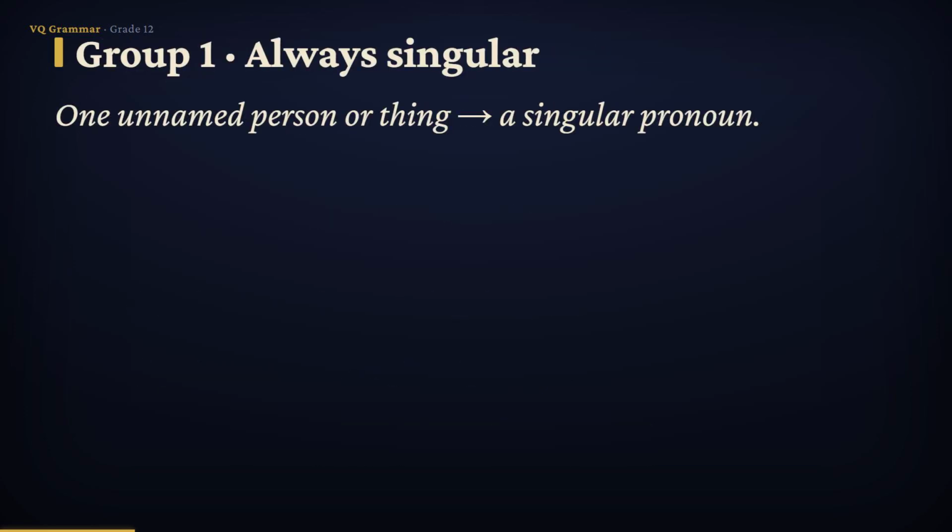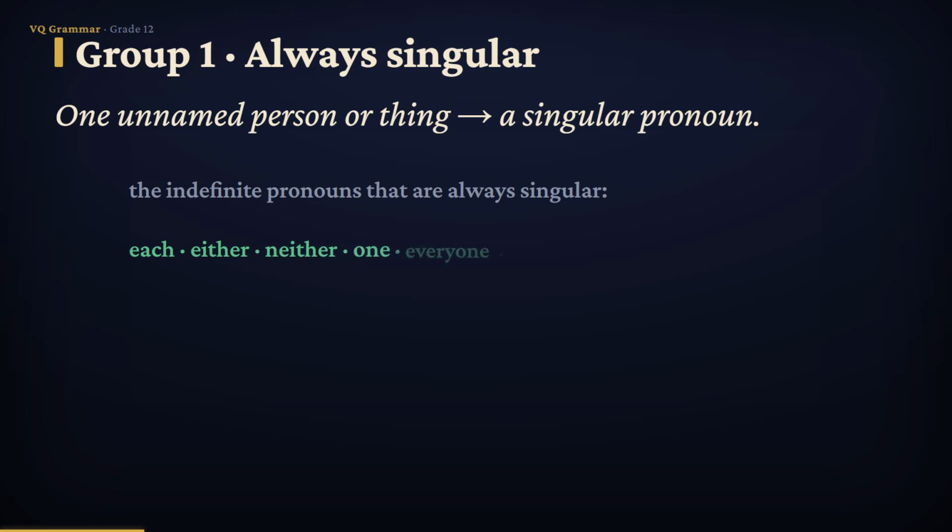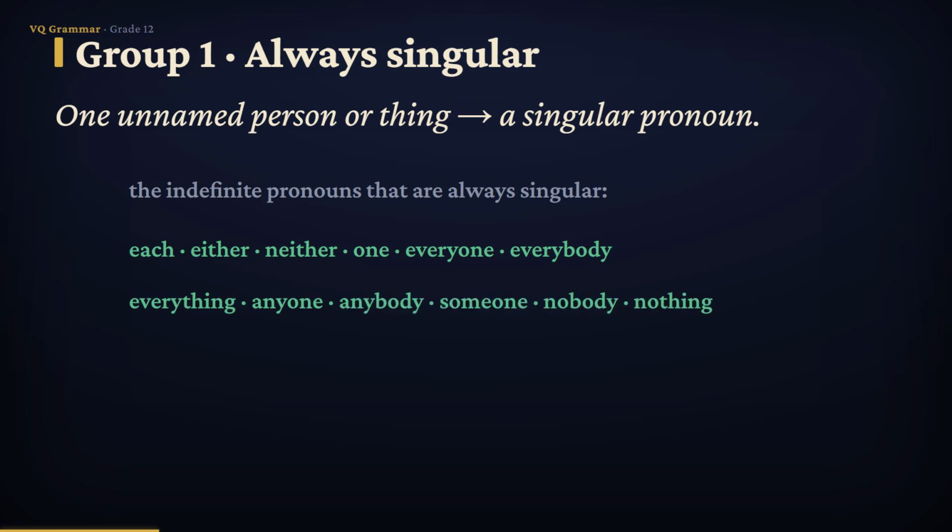Let's start with the biggest group, the indefinite pronouns that are always singular. Here they are: each, either, neither, one, everyone, everybody, everything, anyone, anybody, someone, somebody, no one, nobody, nothing.